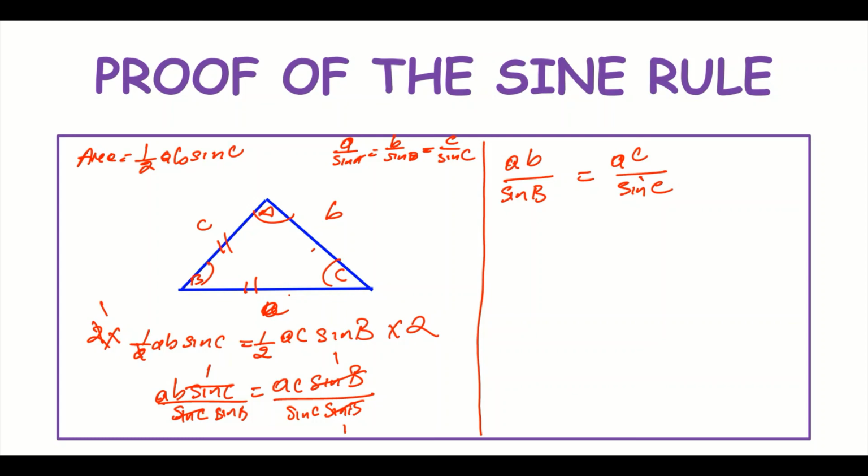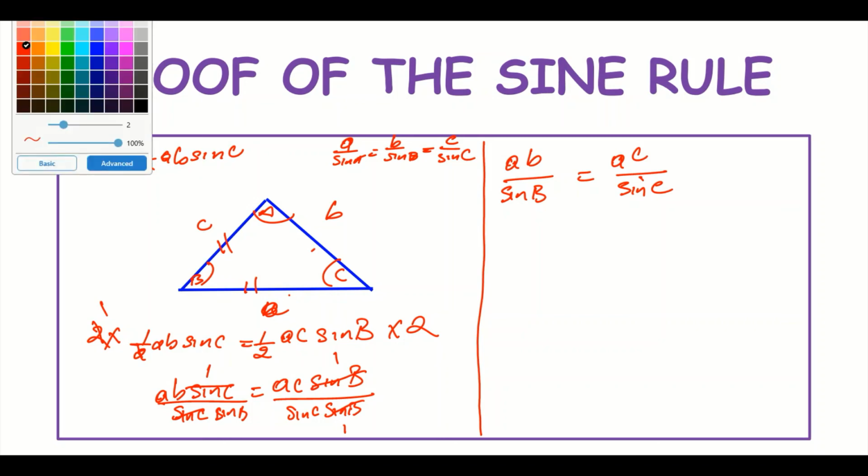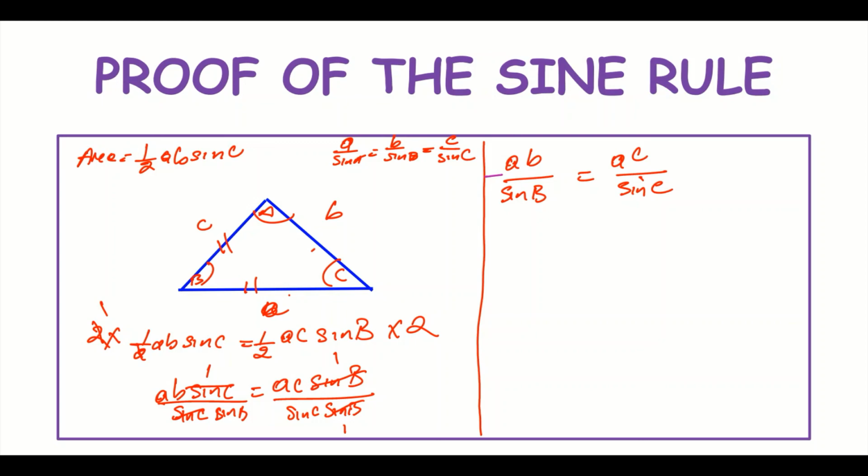Now realize that there's an A hindering us because we're almost there. So how do we get rid of the A on both sides? We're going to multiply both sides by 1 over A. And remember, this is algebraic manipulation, so you can manipulate the algebra how you are comfortable.